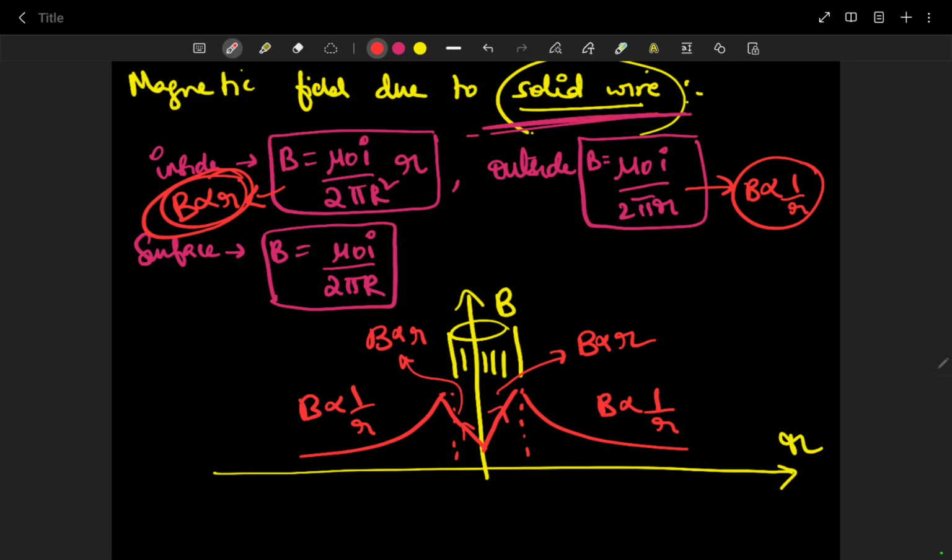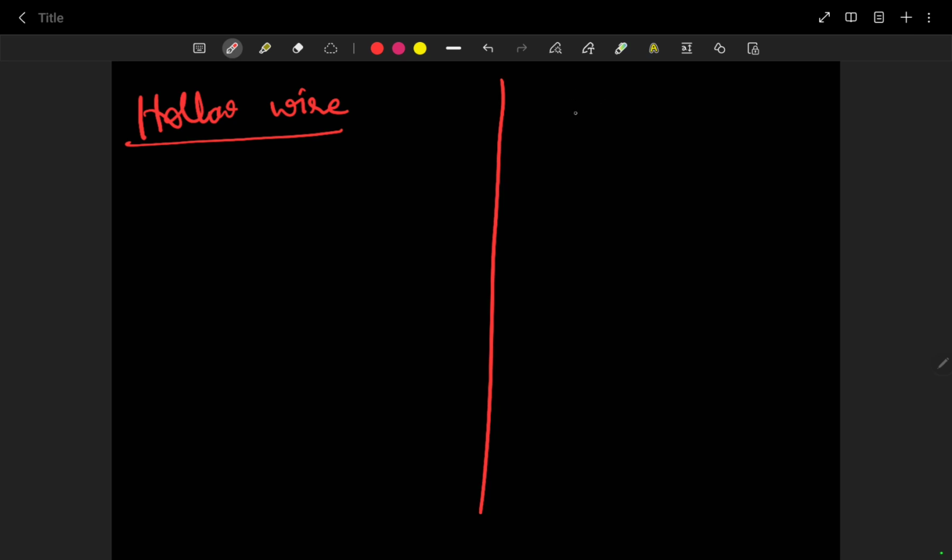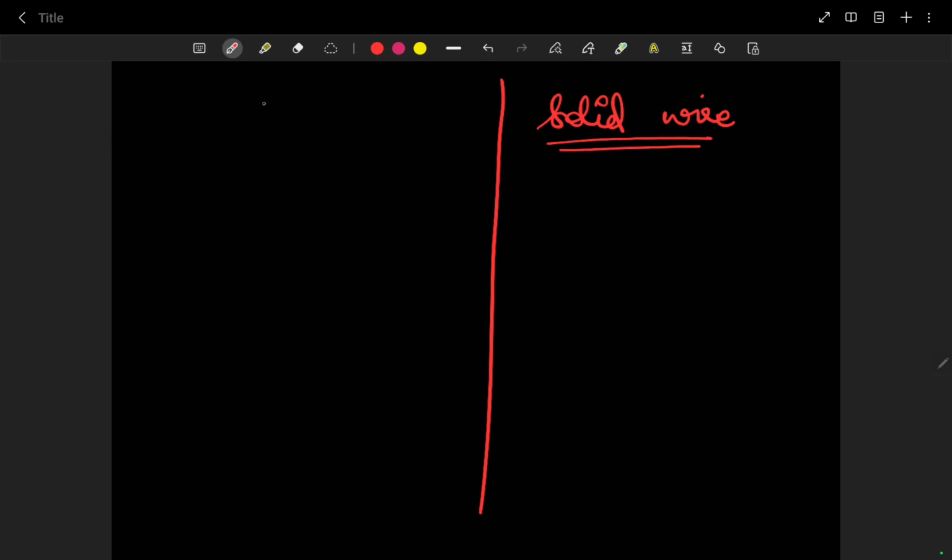So let's accumulate all the expressions we have studied so far. We have studied the magnetic field for hollow wire and for solid wire. Let's collect these expressions, you will help me out with this.